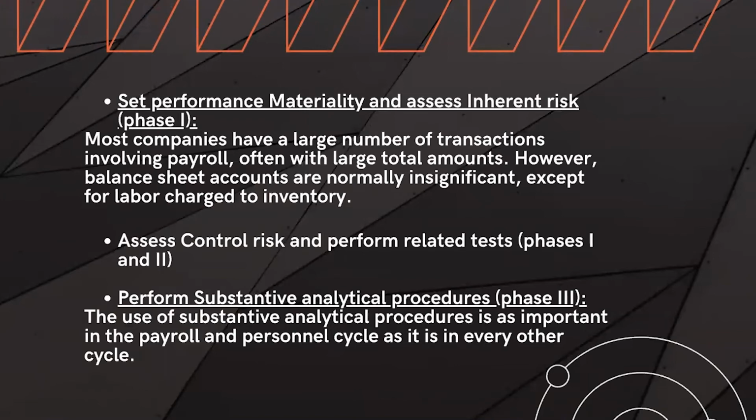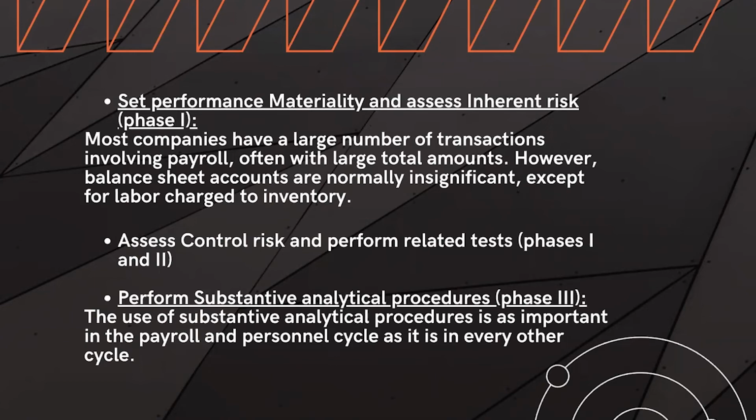We also have to set performance materiality and assess inherent risk, which is also in phase 1, where most companies have a large number of transactions involving payroll, often with large total amounts. However, balance sheet accounts are normally insignificant except for labor charged to inventory.